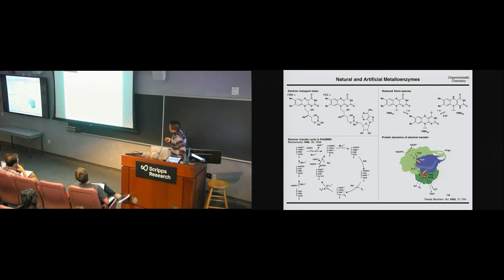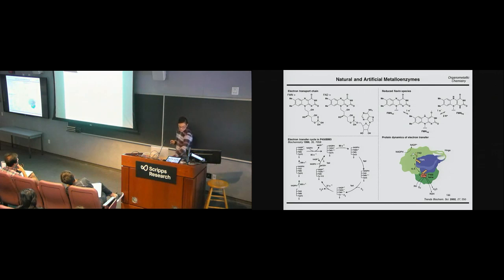So the first thing that happens is binding of NADPH into the FAD domain, and then there will be a hydride transfer that happens between NADPH and the FAD cofactor in the FAD domain.